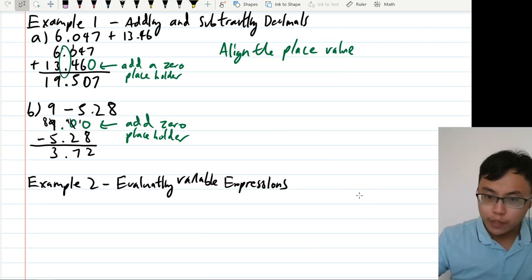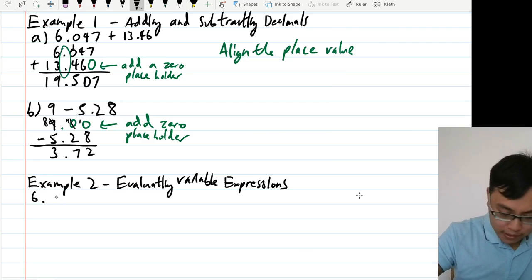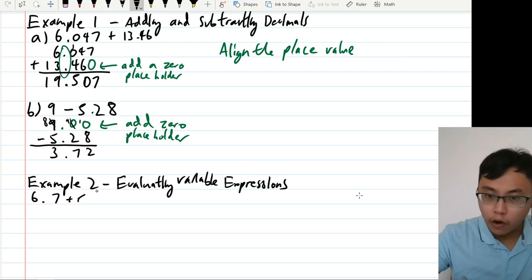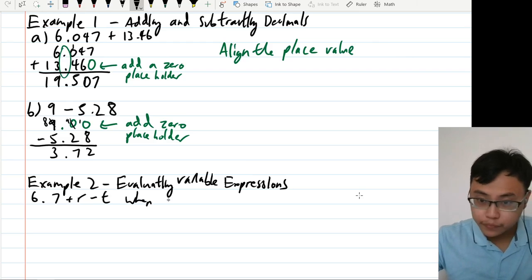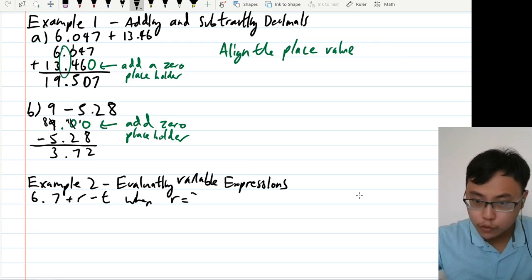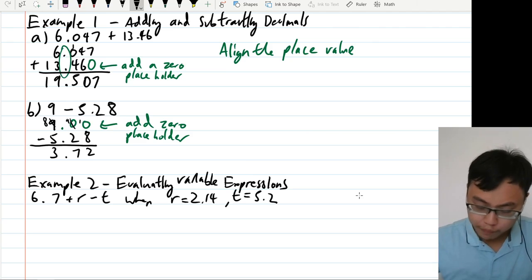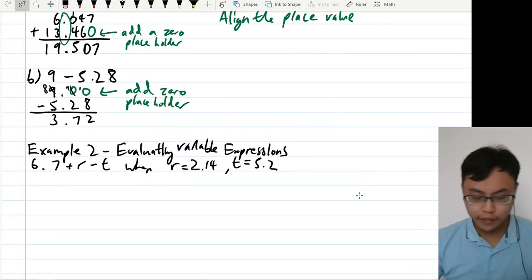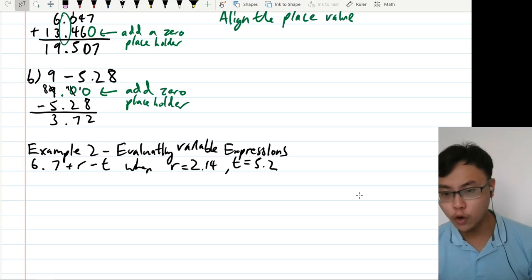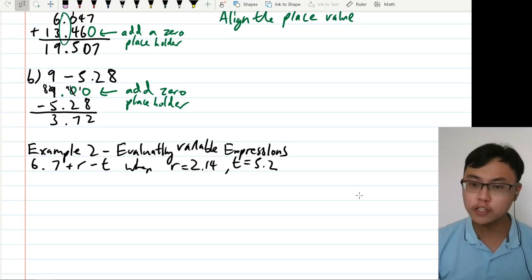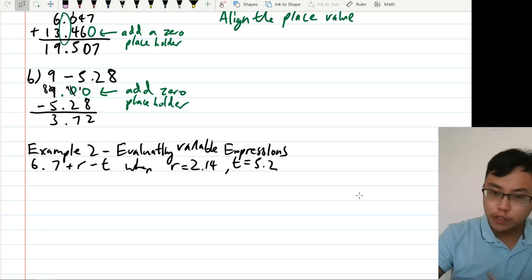Let's say we had the expression 6.7 plus r minus t, when r is equal to 2.14 and t is equal to 5.2. This is the question. I have an expression and we have to evaluate it. When you're doing your homework, make sure you first copy down the question. I've already written it down.